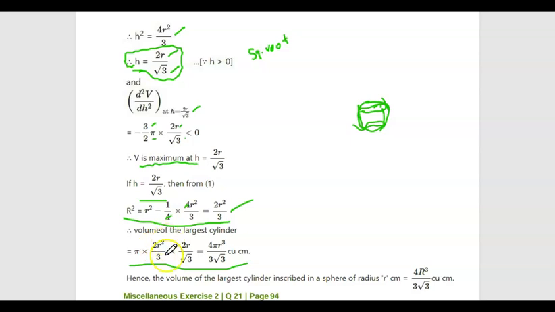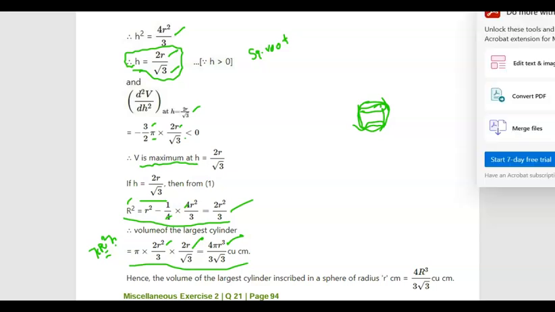Remember, this is pi r square h. So for r square we are substituting 2r square upon 3, and for height we are substituting 2r upon root 3. Finally we are getting, all in terms of small r, 4 pi r cube upon 3 root 3 cubic centimeter. And this is what is finally expected in this case.